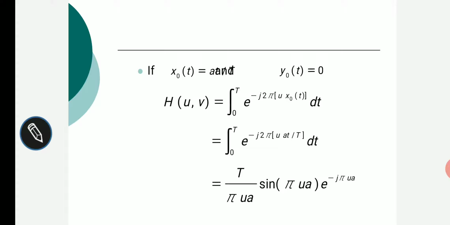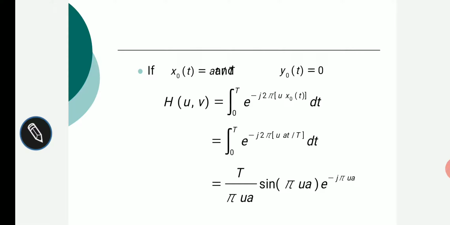the integral from 0 to T of e raised to minus j 2 pi u x naught of t dt. Where x naught of t we have taken as at by T, integrating this one we get T by pi ua, sin pi ua, e raised to minus j pi ua.